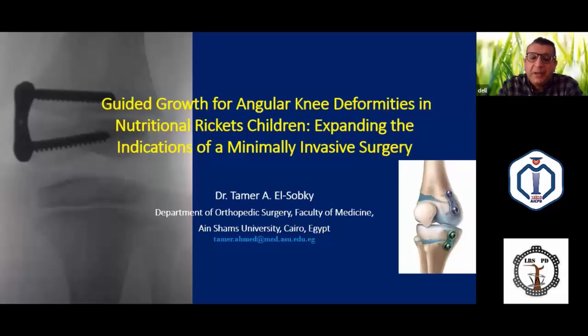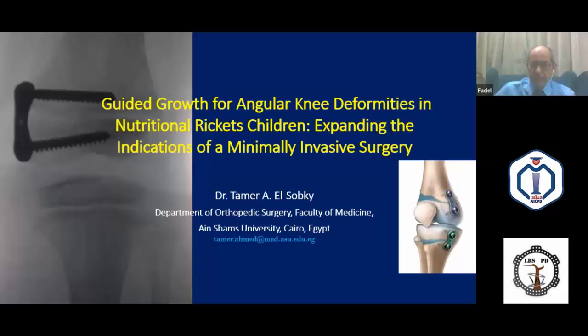Bismillah ar-Rahman ar-Rahim. Today we are going to discuss a very important and clinically relevant topic. It's about the use of guided growth surgery for angular knee deformities in nutritional rickets.